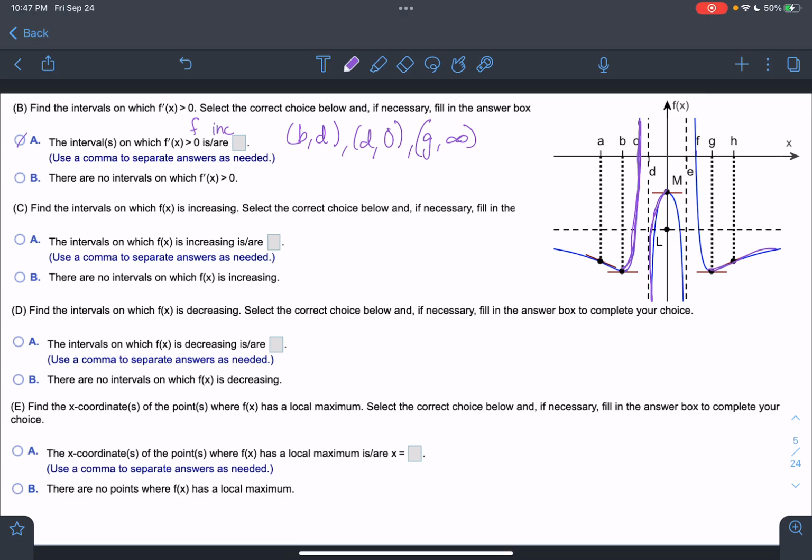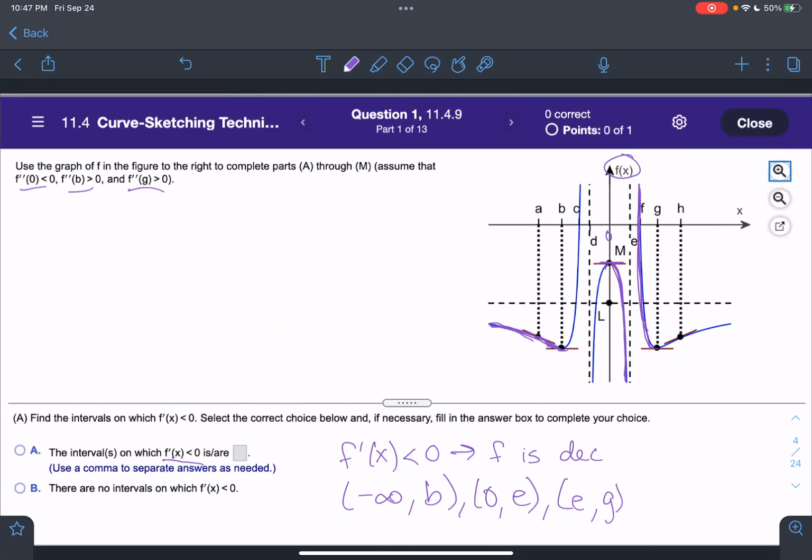Okay. So now we want to know when is f increasing, and it's actually what we just did, right? We just found where f's increasing. So it's pretty much these intervals. And for some reason, they ask it again when f is decreasing. So that's what we found here.